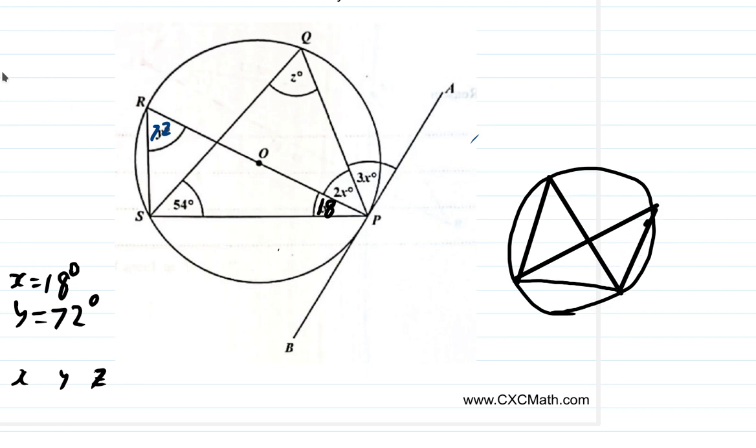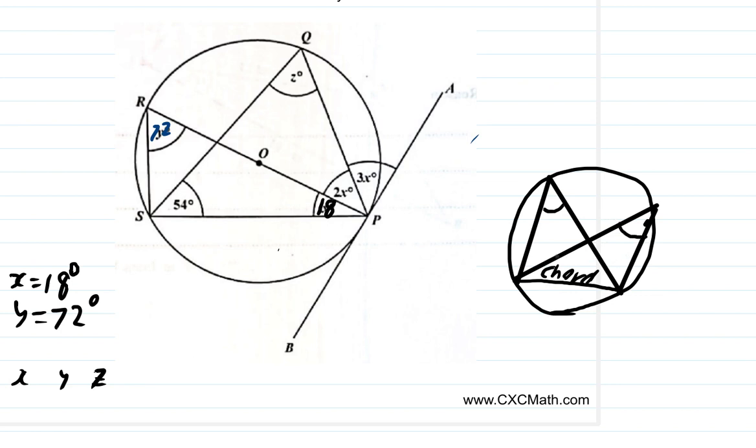Remember that this is the chord we're talking about. These two angles lie on the chord in the same segment. Remember, you have this segment over here and you have this other segment on the other side of the chord. Now those two angles lying on the same chord, they're always equal.